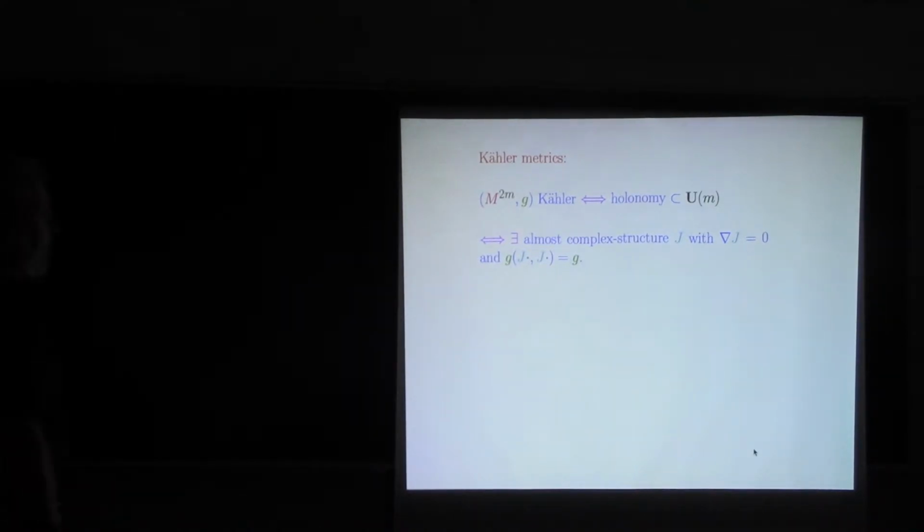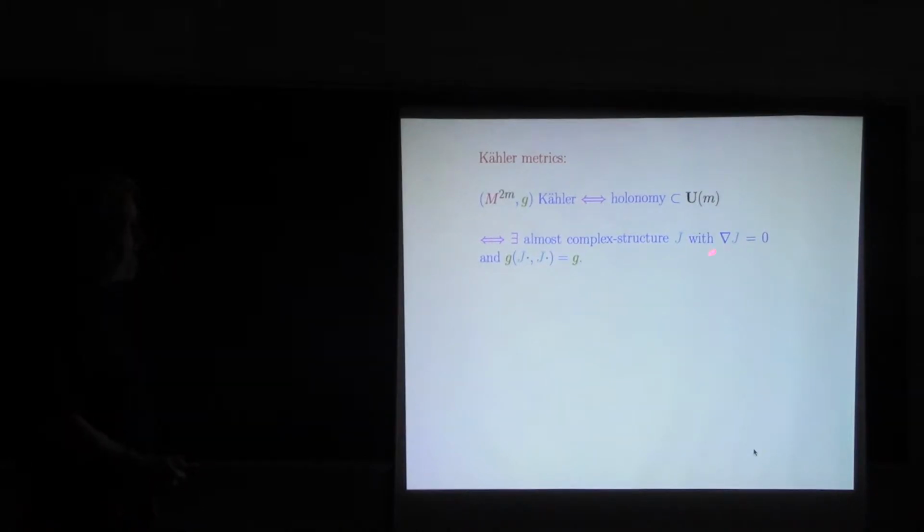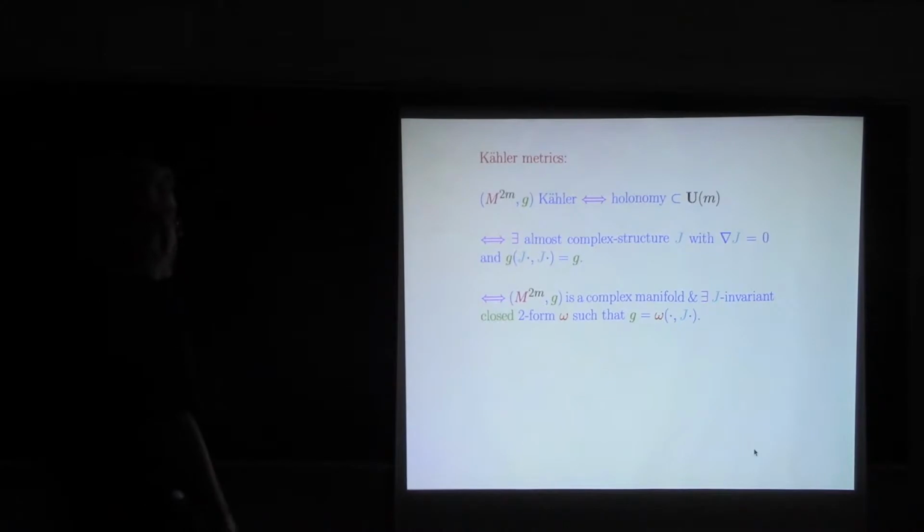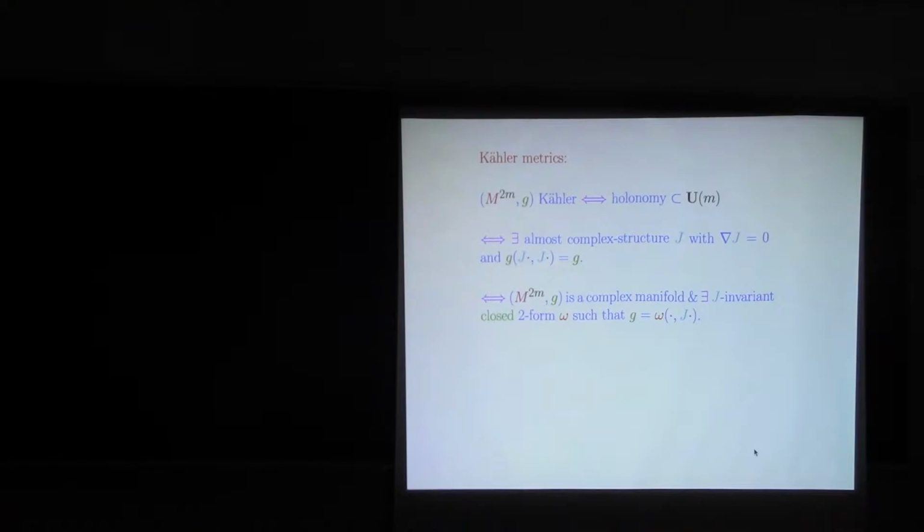But in fact, that makes the manifold into a complex manifold in such a way that the almost complex structure is parallel, and such that the complex structure actually preserves the metric. So if you multiply a vector by i, as it were, it doesn't change its length. The usual way that you'll see this described in most textbooks on, say, transcendental techniques in algebraic geometry, is that you have a complex manifold and a metric that's expressible in terms of a closed two-form.